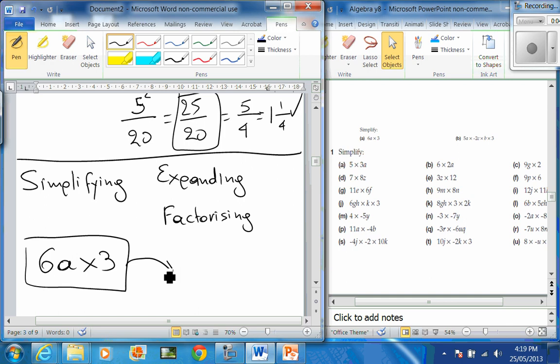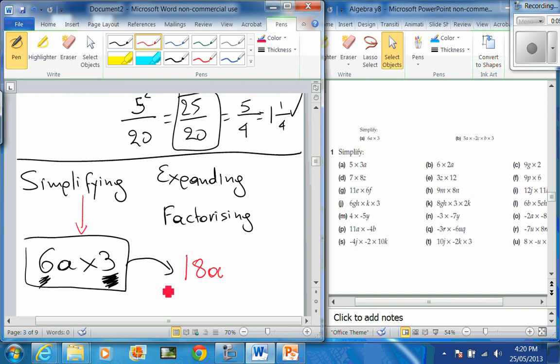I'm writing it as compacted as I can. So this compaction means that I have to multiply my number with the number and the letters with the letters. So to simplify this, I have to go 3 times 6 equals 18 and A. This is how I'm simplifying.